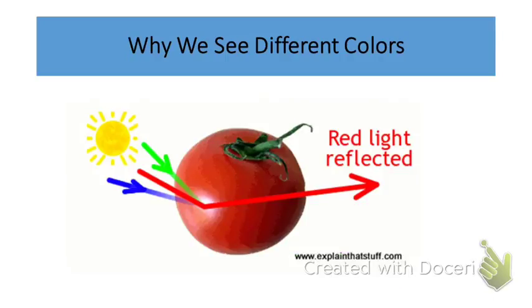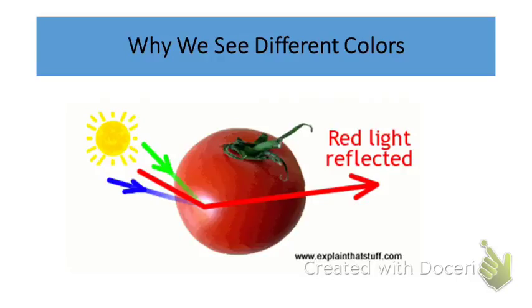Another example is a tomato here. Tomato is red, and that is because the tomato's molecules will not absorb red light. It absorbs all the other colors but red. And so the red light is reflected back towards our eye, and to us the tomato will then appear to be red based on that reflected light.